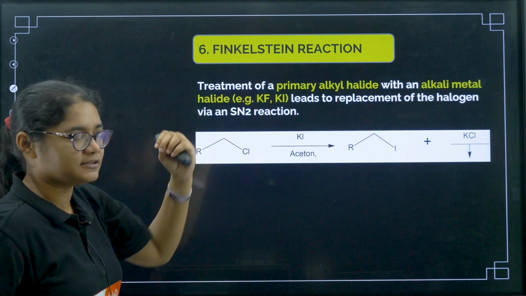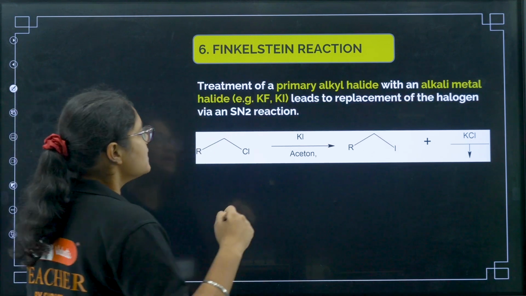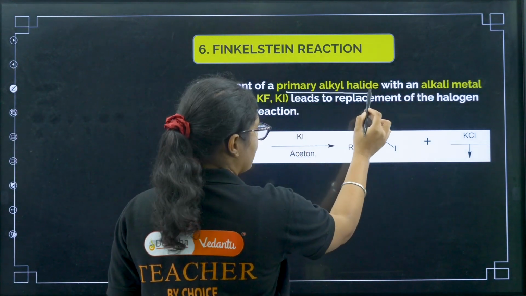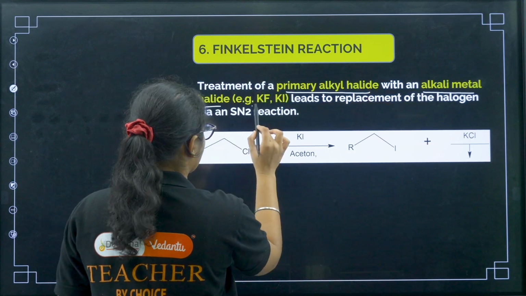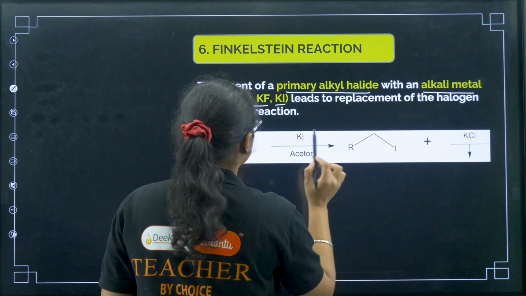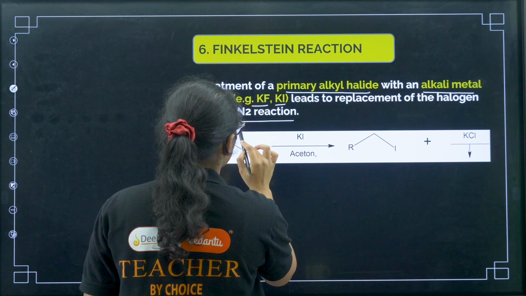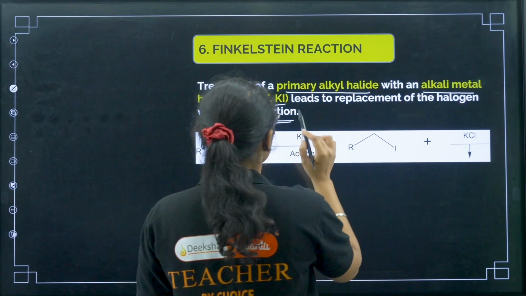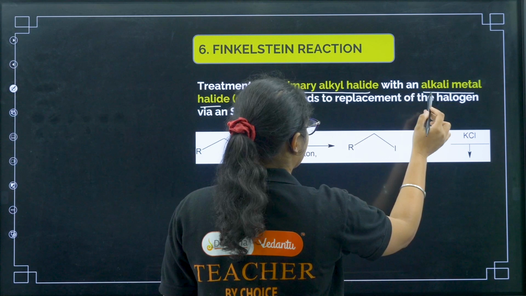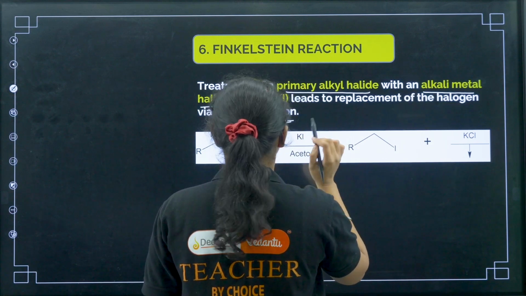Finkelstein reaction is from which chapter? Please comment down. It is the treatment of primary alkyl halide with an alkali metal halide, such as KF or KI, which leads to the replacement of the halogen via SN2 reaction.